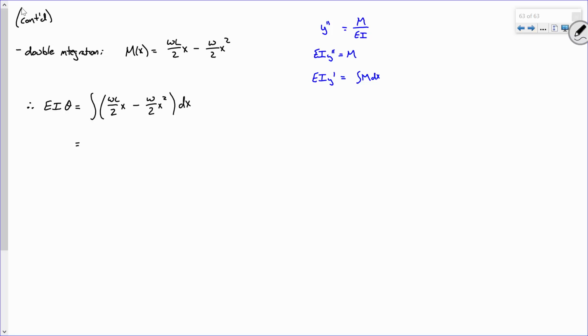That'd be a fair way of saying it. So WL over 4 x squared minus. Now, what's the integral of this? Well, the W over 2 factors out. What's the integral of x squared? x cubed over 3. So, what was that? W over 6 times x cubed.